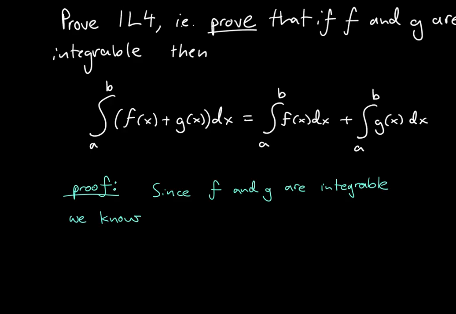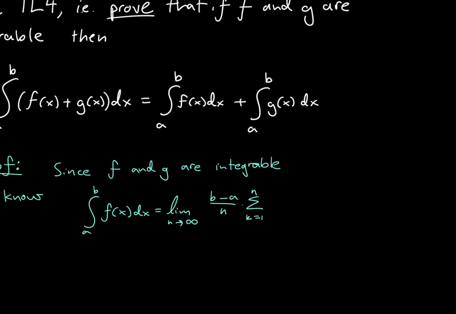that the integral from a to b of f of x dx is equal to the limit as n approaches infinity of (b minus a)/n times the sum as k ranges from 1 to n of f of t sub k, where that tag, of course, is chosen to be the right endpoint.